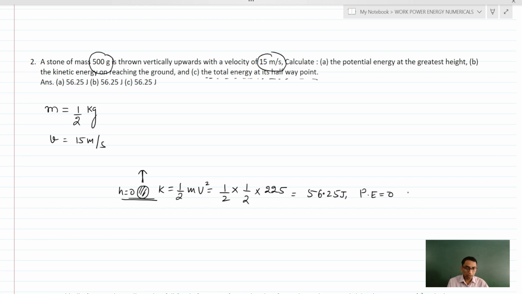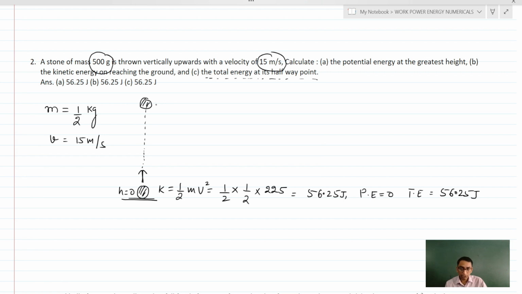So the total energy is the entire kinetic energy, 56.25 joules.